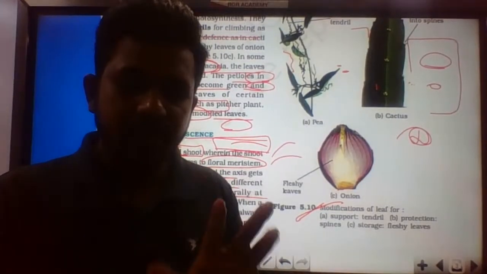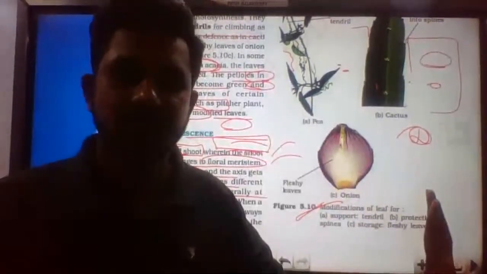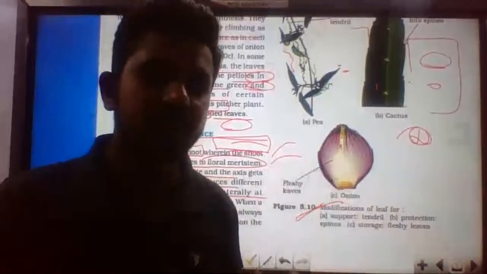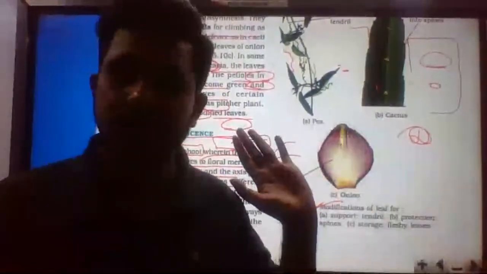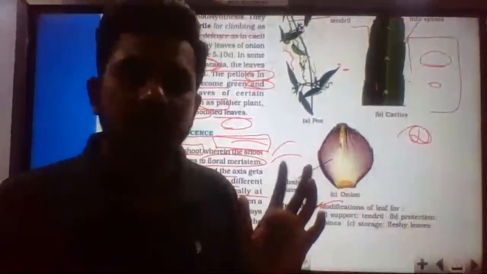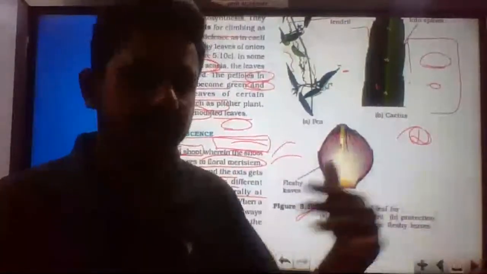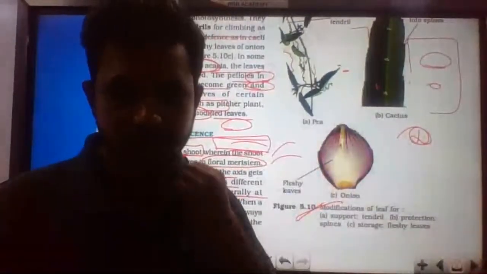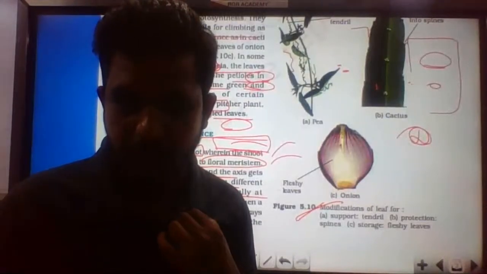The thing you should know is that wherever there is chlorophyll, they will perform photosynthesis. That is the important keyword we should remember. If all the factors required for photosynthesis are available, they will do photosynthesis also.